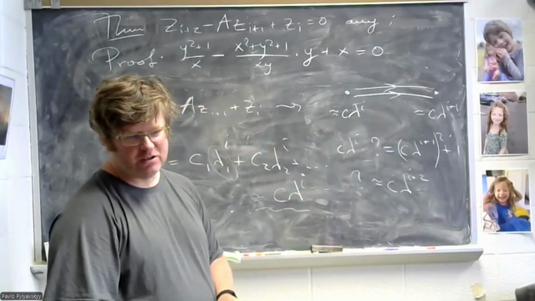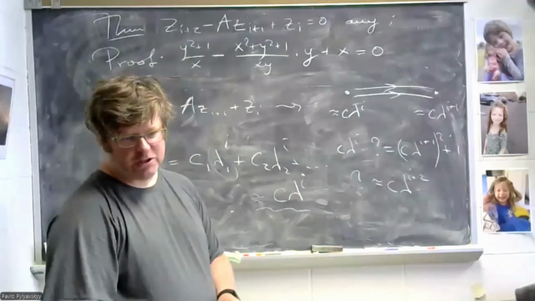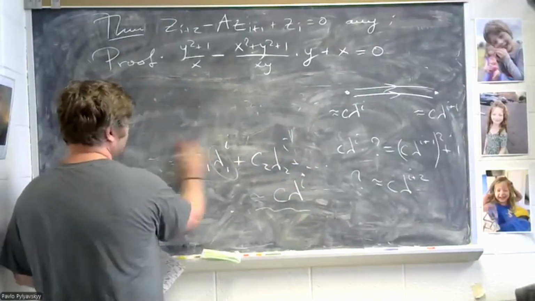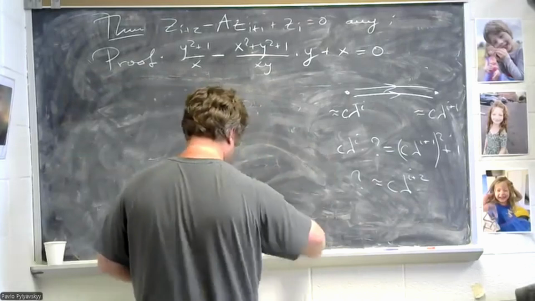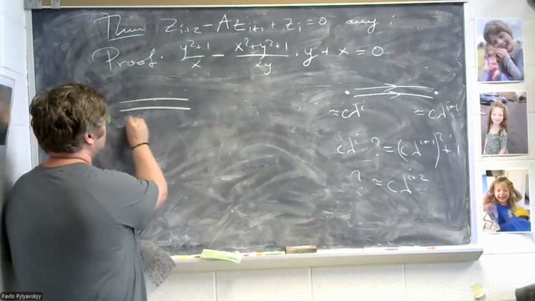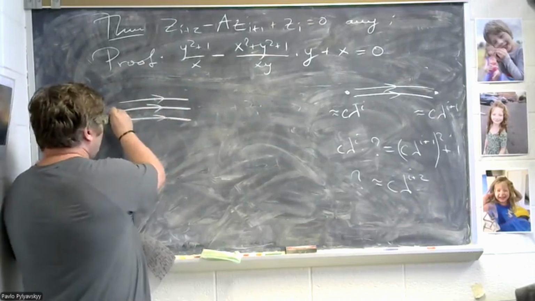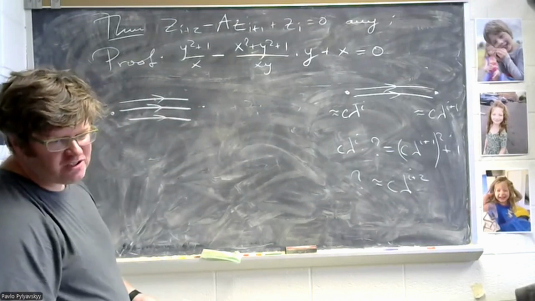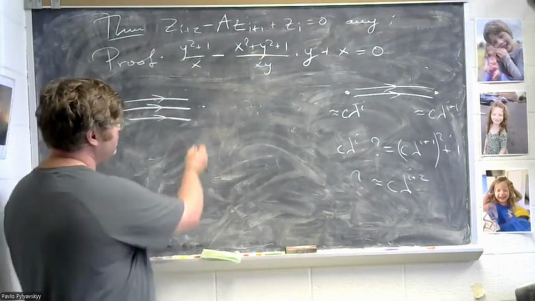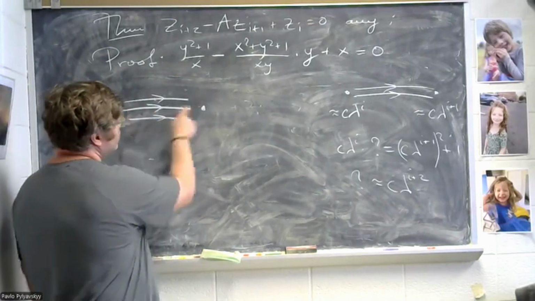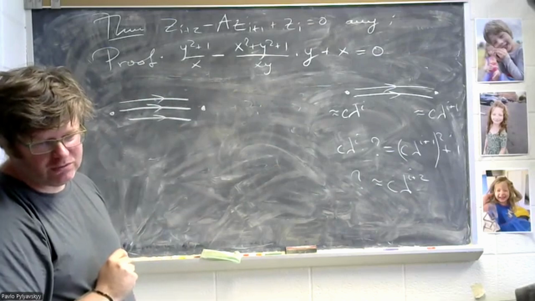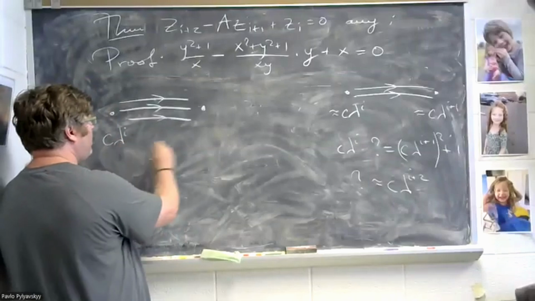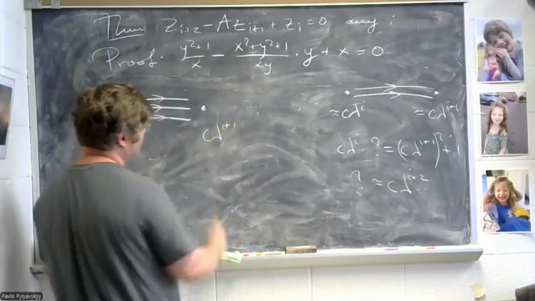Okay, does it make sense? Any questions? Now imagine that we had a different situation. Imagine that our quiver looked like this. It had 3 edges like this. Well, I claim there's no chance those sequences could come from linear recurrences now. Because if they came from linear recurrences, we would again have something like c times lambda to the i and c times lambda to the i plus 1.